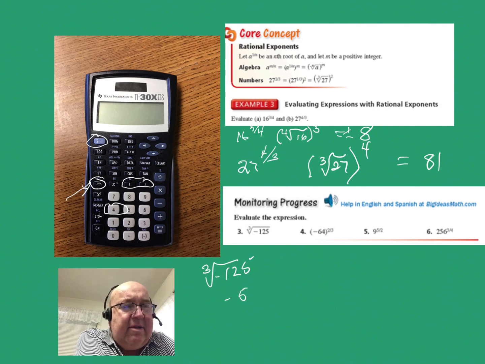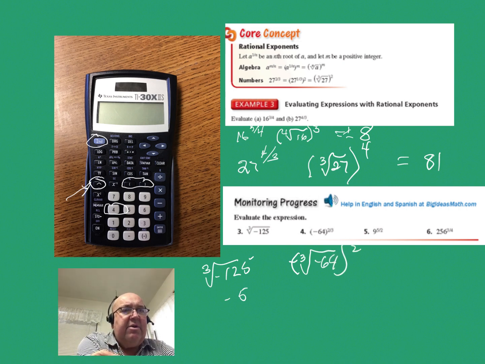Here we're looking for the third root of negative 64 and then squaring it. The third root of negative 64 is negative 4. When we square that, our answer is going to be 16. Negative times a negative is positive.